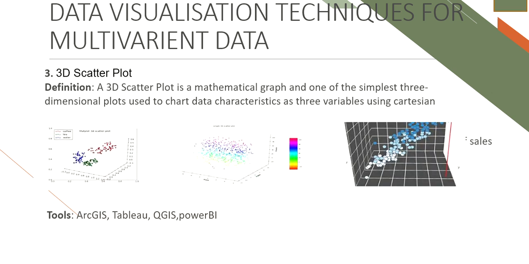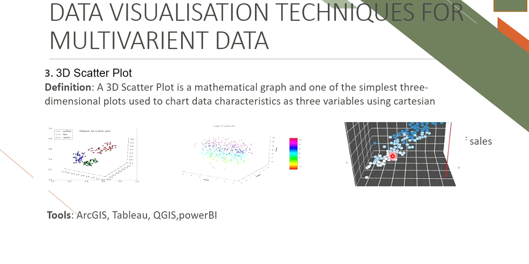So next we have a 3D scatter plot. Already we have discussed what a scatter plot is. If you want to represent more data in a single point, for a different set of data we'll use the scatter plot. The same scatter plot, if you want it in 3D, then we use the 3D scatter plot. I showed it in Power BI in the previous video. You can go through that.